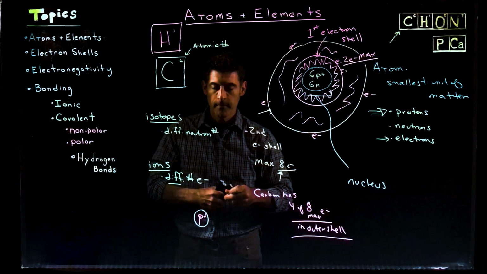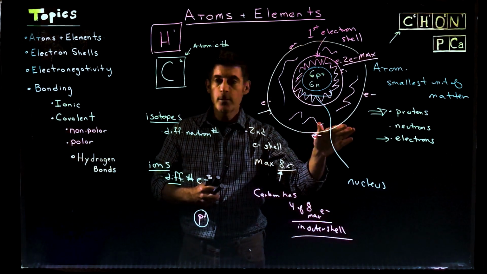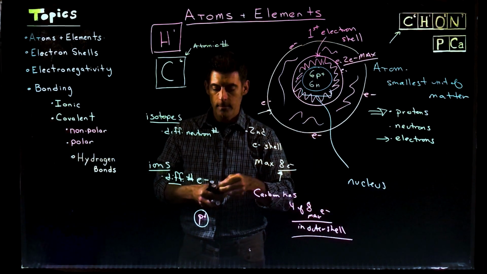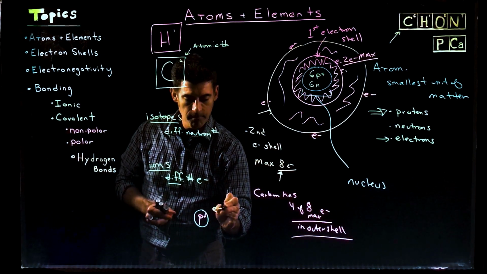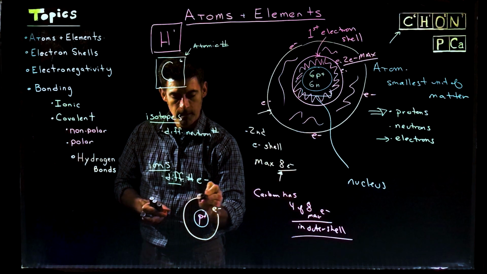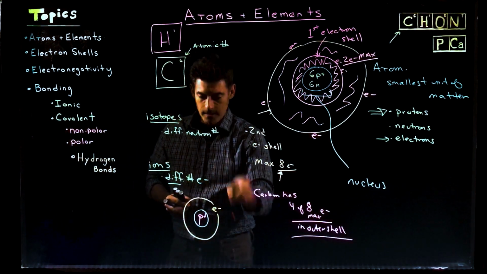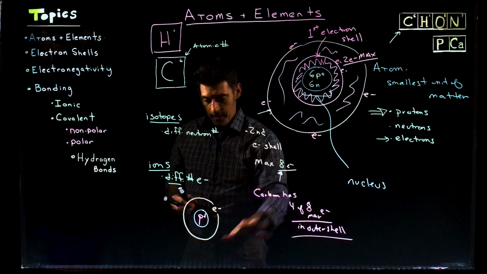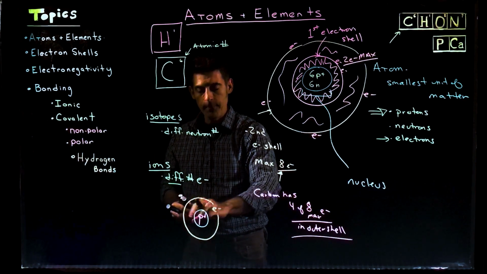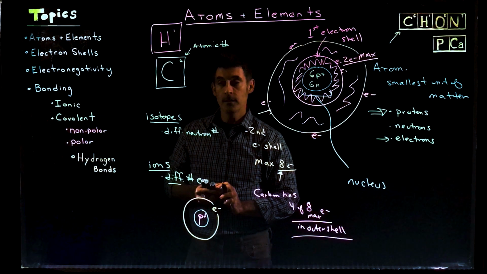And that's it. One proton, no neutrons, but then one electron. Okay, it's going to have the one proton, one electron. So there's going to be an electron moving around that proton. Again, not in a typical, lunar type orbit, but in a region around that proton, you're going to find one single electron.